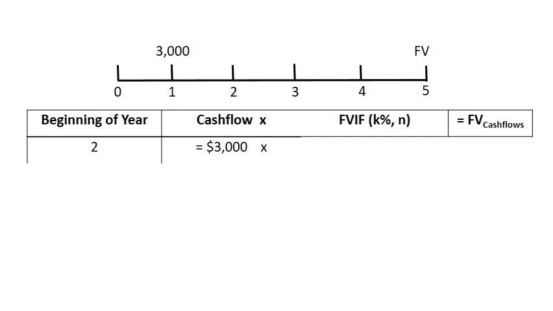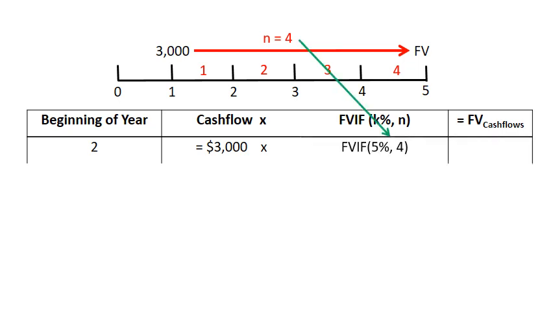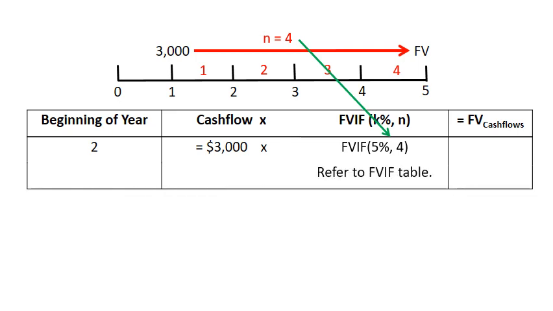Next, we move on to the beginning of year two, $3,000. Same thing, we find the future value at the end of year five. So the number of periods will be 1, 2, 3, 4. So n equals 4. Bring that down. So it's 5% and n 4. So we'll refer to the FVIF table again.